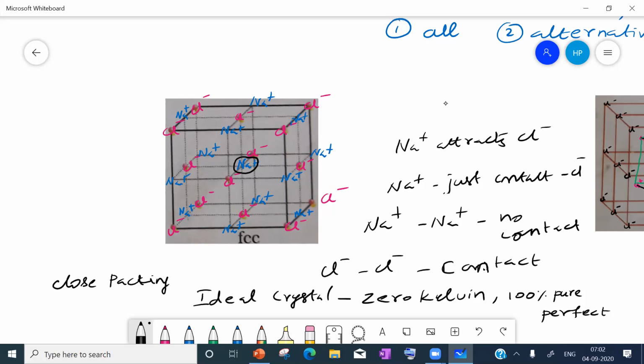If Cl minus ions are keeping some distance, maintaining some gap, then it is giving a way for a foreign body to come and occupy that gap.